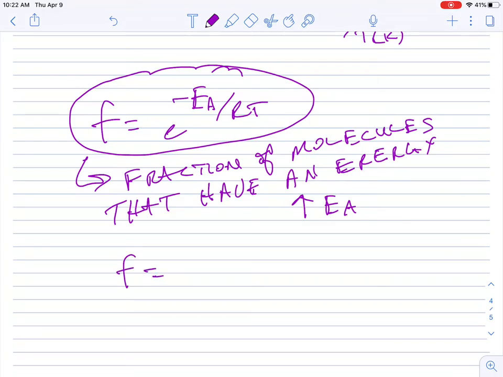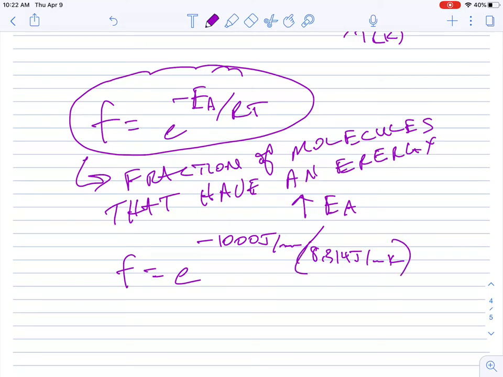So let's say, and I've already done the math on this, that our activation energy is negative 1,000 joules per mole. Okay, there's my activation energy, just to make the math easy. R is going to be 8.314 joules per mole Kelvin.